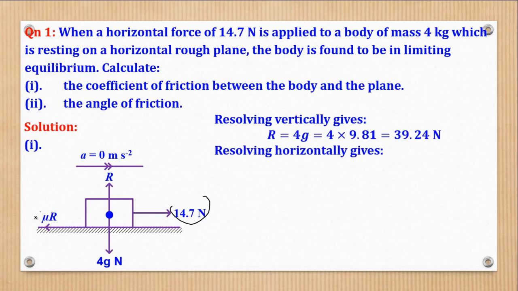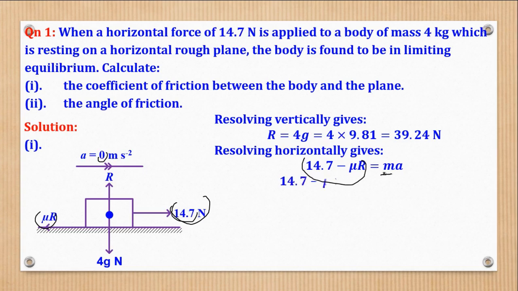What about resolving horizontally? This will be equal to this. So this will be equal to that. So here it is okay to still use this, but you can also say this is equal to this because a is 0. But to be clear, let's use the format we know, that resultant force is equal to ma.